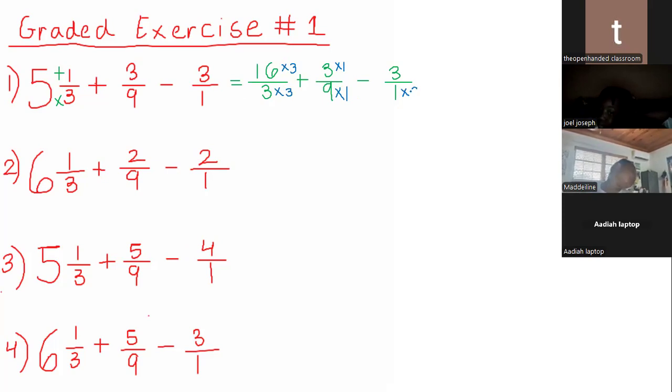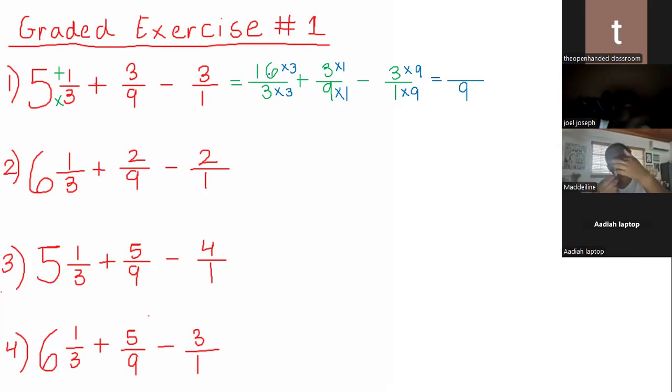Whatever we do to the bottom, we must do to the top as well. So we have, it's going to be equal to 3 times 3, which is 9. And 16 times 3 is 48.